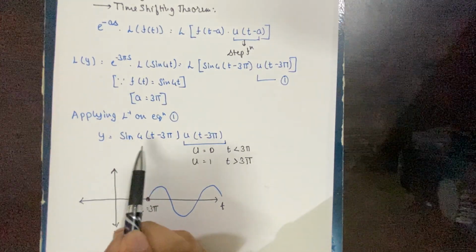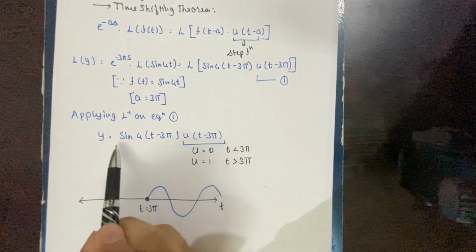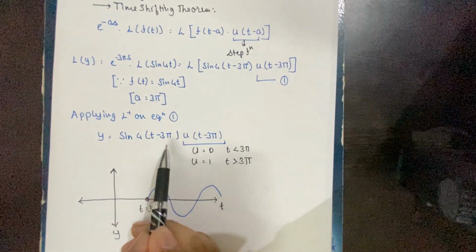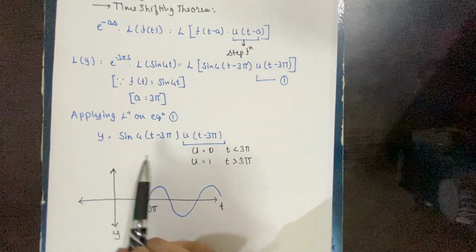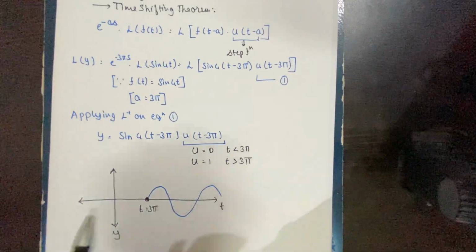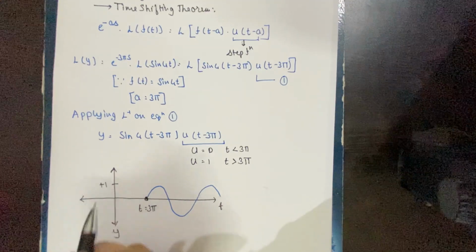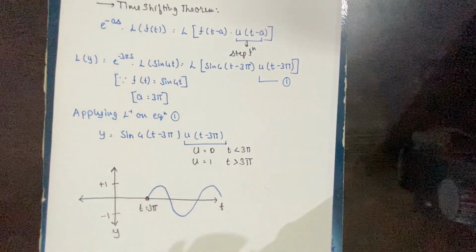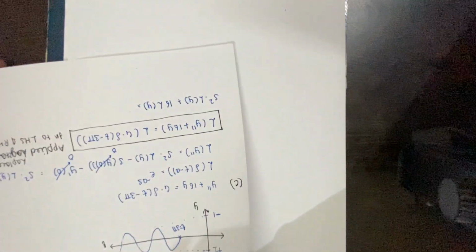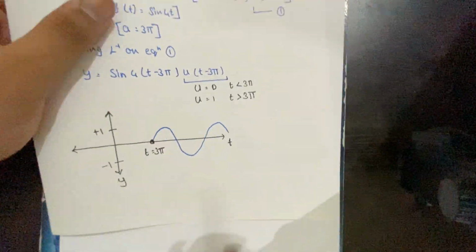This is like any other sine wave, sine 4 theta. Assume t minus 3 pi as theta, so you essentially have nothing but sine 4 theta. So this is going to be plus 1 and this is going to be minus 1. So yeah, this is the graph.